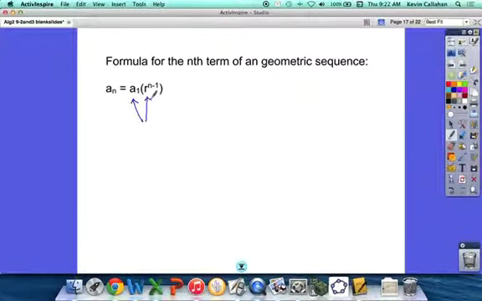An equals a1 times r to the n minus 1. So there's 3 unknowns on the right, a1, r, and n. In order to have a formula, you need to plug in for the first term and the common ratio.